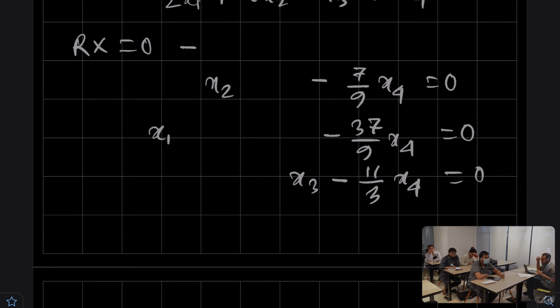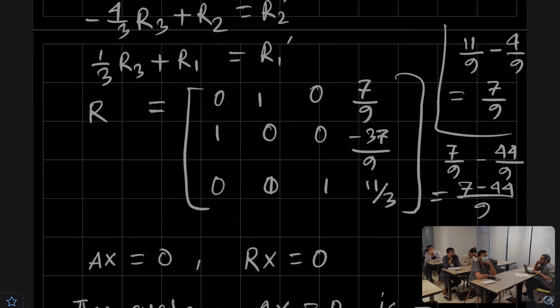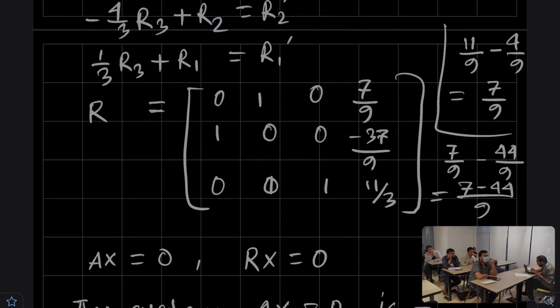Now, I have a few comments to make. Try to find a pattern here. Look at the ones present in this matrix, and look at the columns where these ones are present. In those columns, except for these ones, everything else is 0, right?